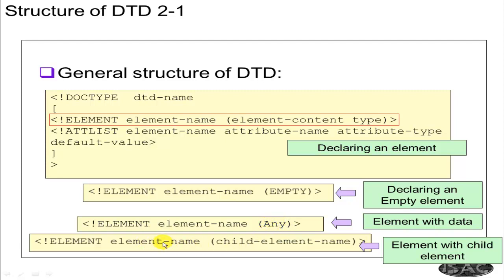So if I put here book and name, then it means that inside book only name is allowed, and inside name only the category name or topic name is allowed. So this restricts the relationship between child element and the parent element in an XML tag.